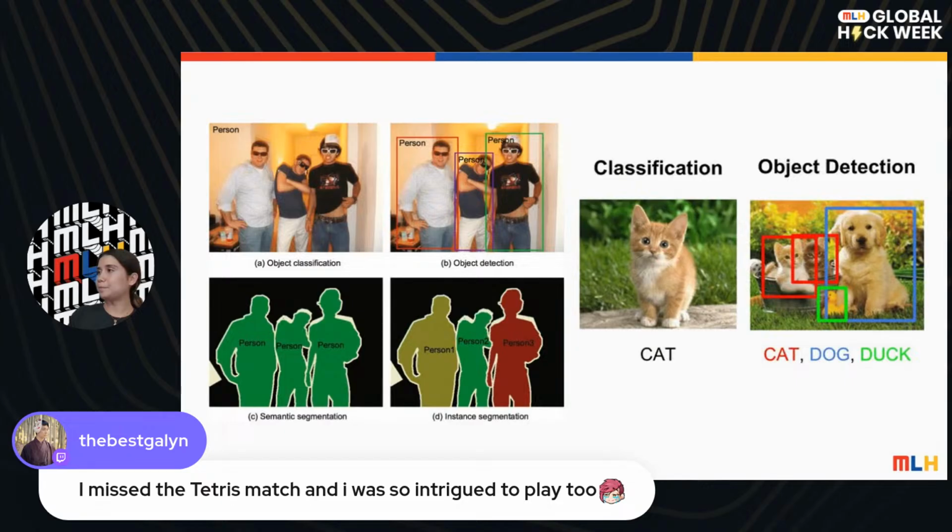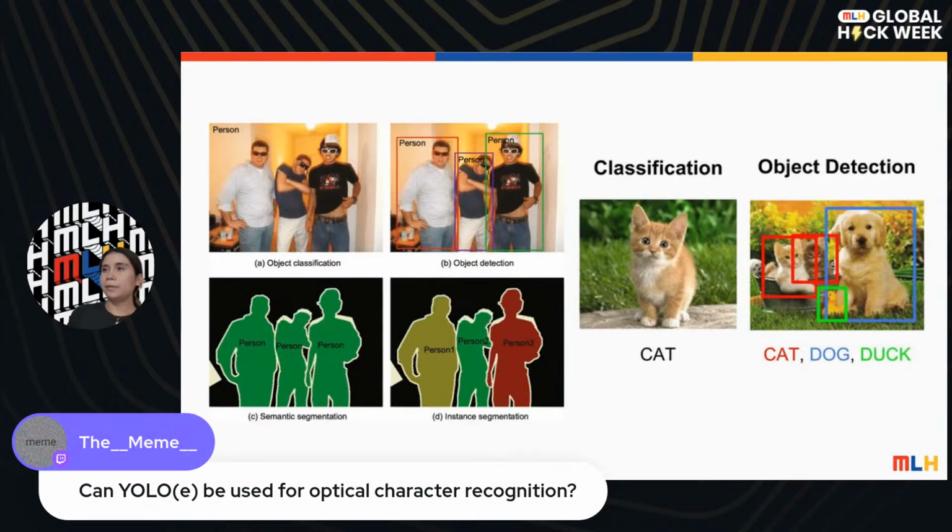It's really cool. Can YOLO be used for optical character recognition? I think that's something that Moondream can do. I would strongly recommend YOLO-E for detecting objects or specific things on objects. So if you want to detect something really niche and you don't want to train on your whole dataset, then you can use YOLO-E.